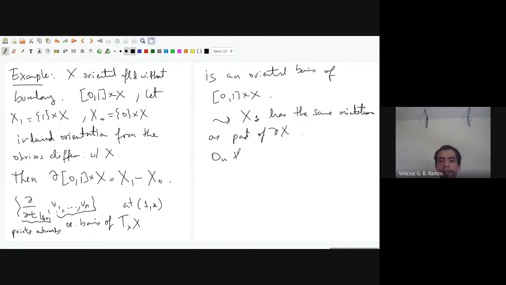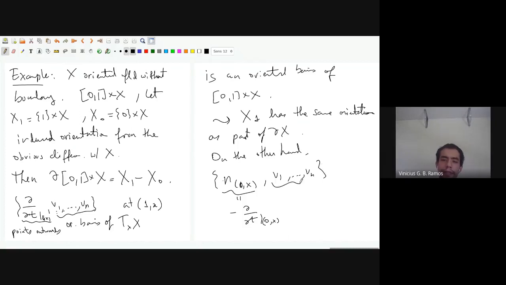But on the other hand, if I take the normal vector field pointing outwards at 0x, that's basically minus d/dt at 0x.